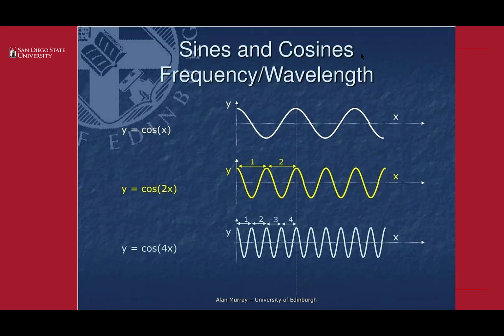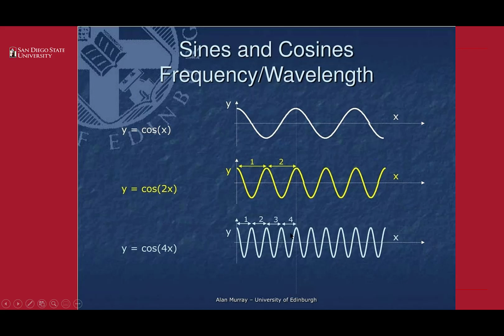Similarly, if we change this angle 2x, which is the input of the cosinus function, to 4x, we will get y equals cosinus 4x, and this time we will have an even faster signal. These peaks and dips are much more frequent in this chart.